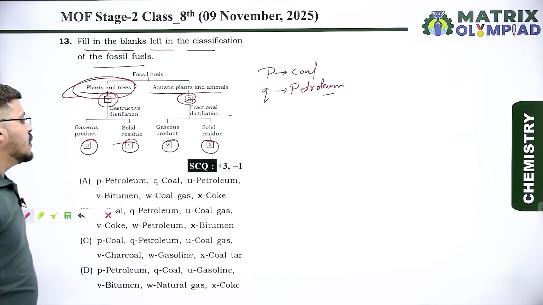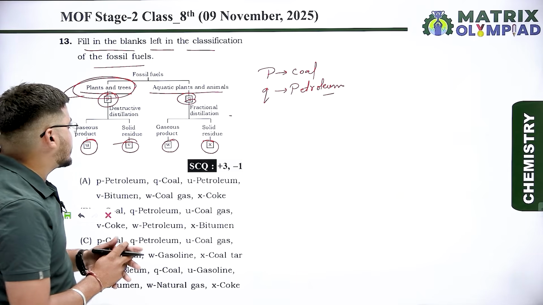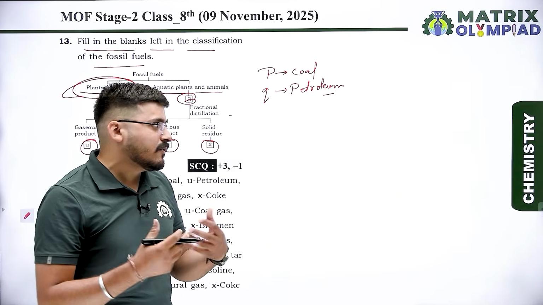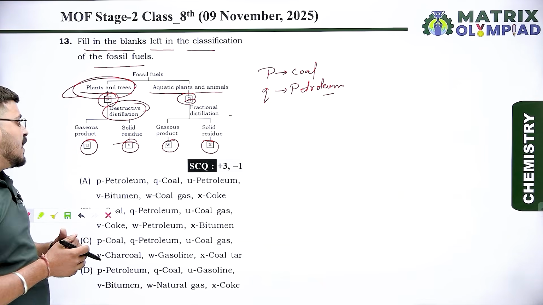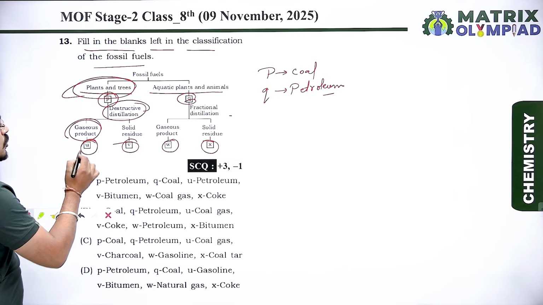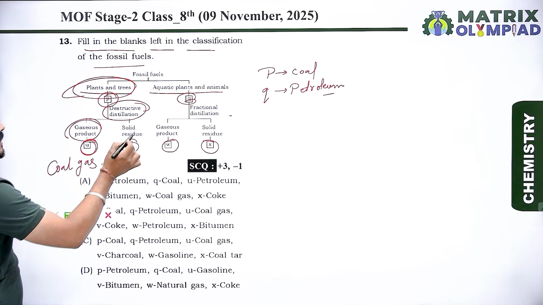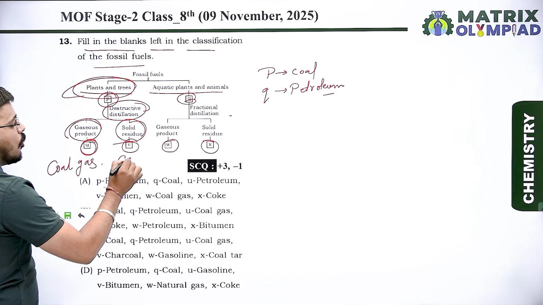Petroleum is formed. So next, when P, coal, is destructively distilled, it will form some byproducts. Here the question is asked, what is the gaseous product? We know very well, U will be the coal gas, and the solid residue will be the coke.